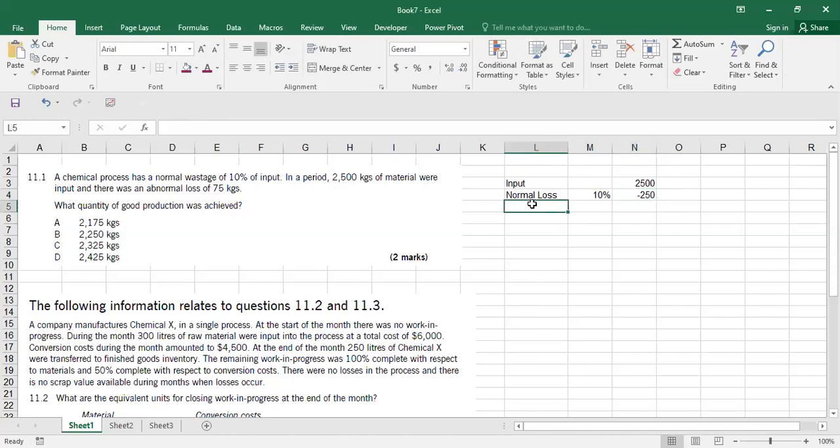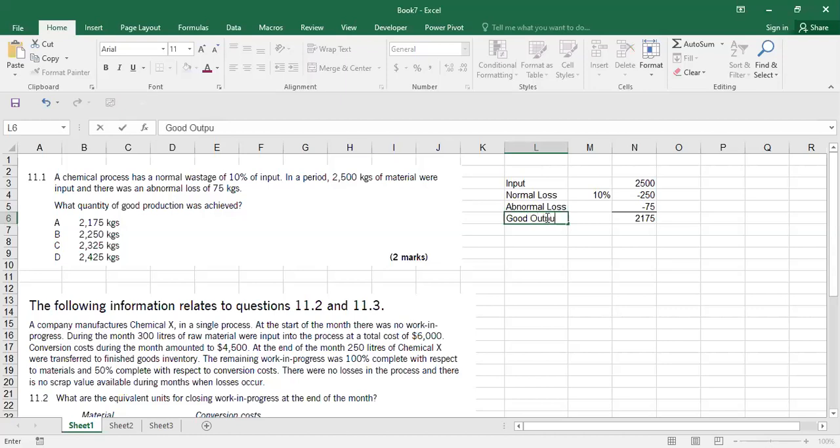And then you have your abnormal loss, they have also given you this. It's a very simple question. Minus 75. You just make a total. This is called your good output, 2,175 kilograms.